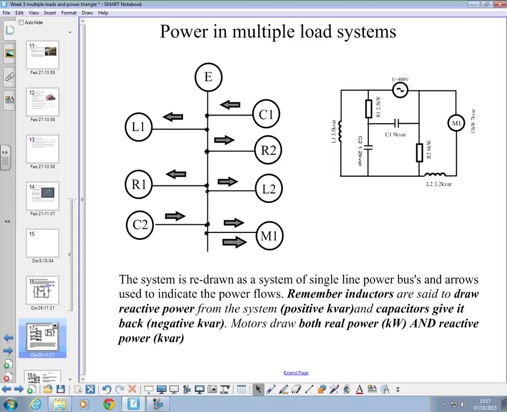The capacitor has got arrows pointing from the capacitor into the system, and the motor's got two arrows because it's got a reactive and an active part to it. It's taking watts and reactive power from the system. All okay with that so far?